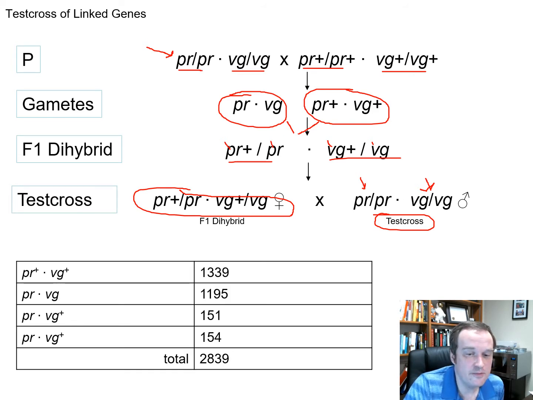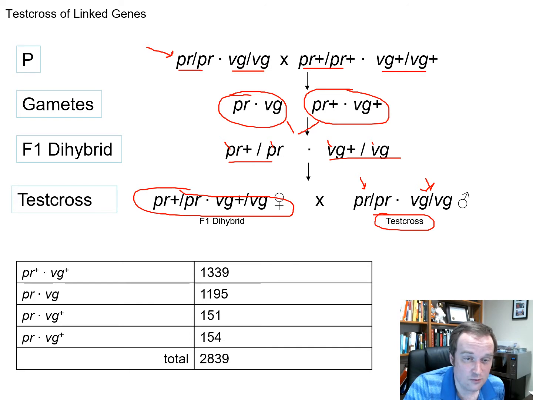Now, this is our setup, but we actually have to do the test to count the offspring. As you can see, in the PR VG offspring that we saw in the parental generation, we have a lot of those because those 2 genes are on the same chromosome.